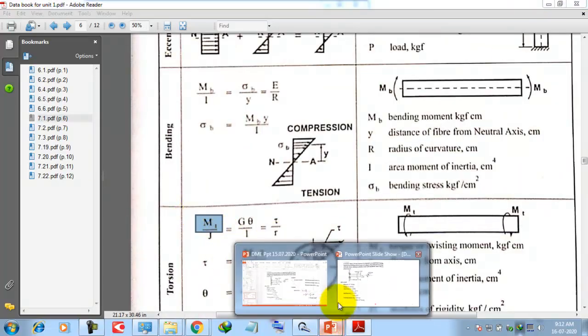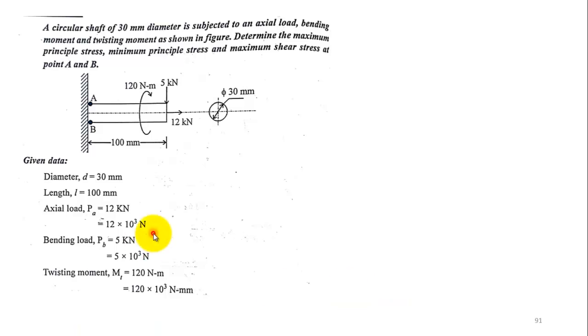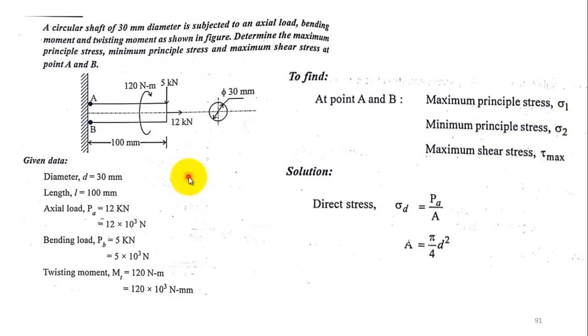So we have to use only MT for the torsion load condition, that is twisting moment. We have to calculate the principal stresses at point A and point B. Let's see how to solve this problem. First we have to find the maximum principal stress, minimum principal stress and maximum shear stress at both the points, point A and point B.